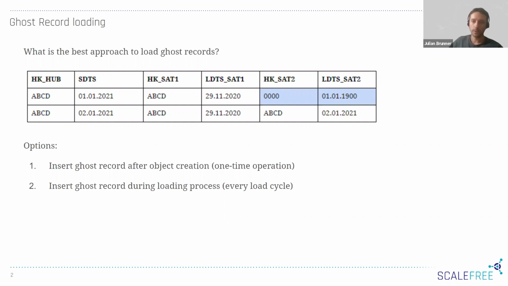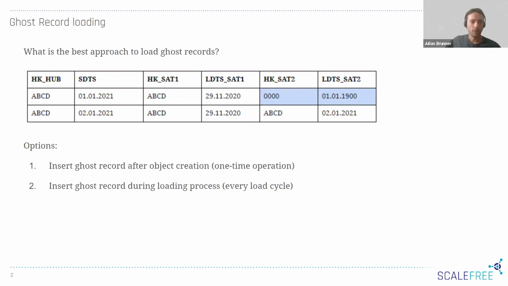So we add the ghost record to the batch data, for example, and it will be inserted if it's missing in the satellite. So with every load cycle, you check if the ghost record is missing and insert it accordingly. Both variations are valid, but we would recommend the second option because this way of inserting ghost records ensures that these records are always available.